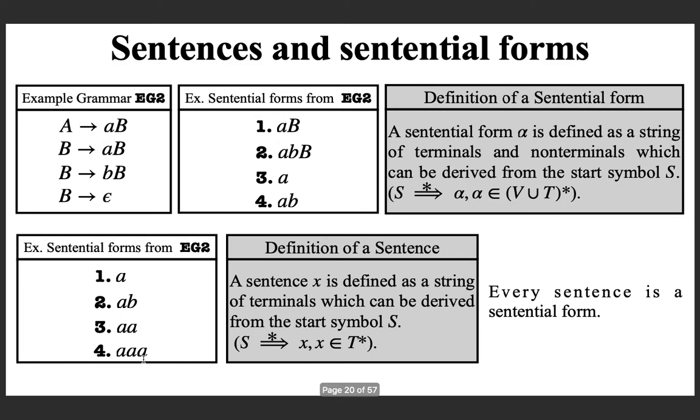Now it is not difficult to see that every sentence is a sentential form, because by definition a sentential form is a string of variables and terminals, and a sentence is a string of terminals. So a sentence also is a sentential form, but not the other way. I hope you are getting me.